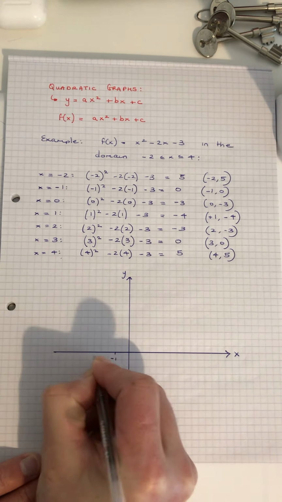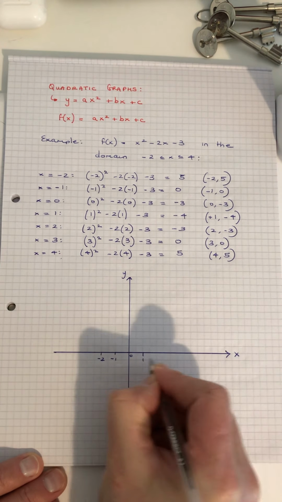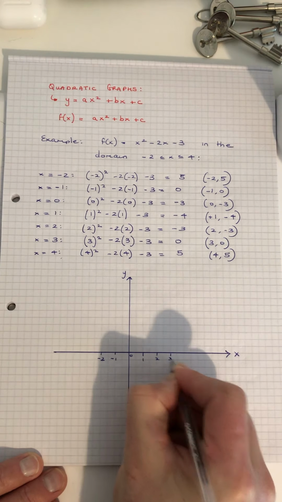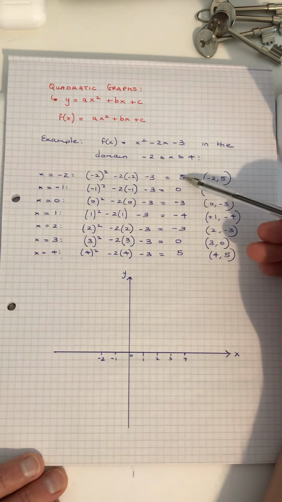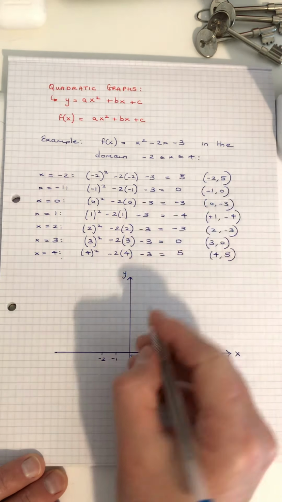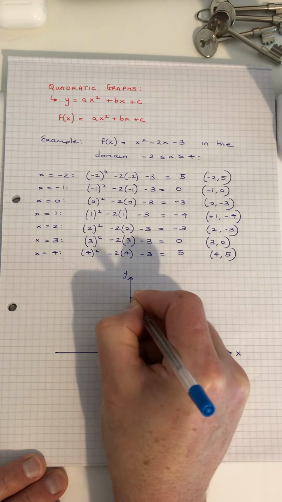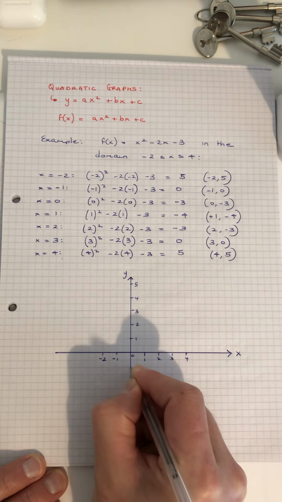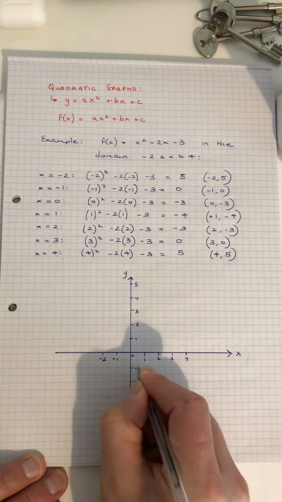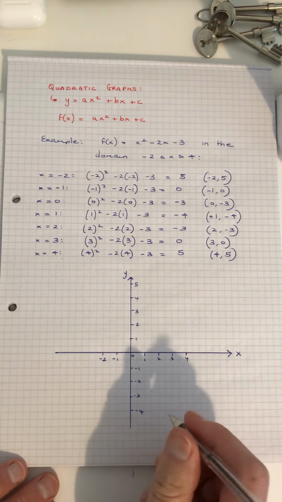So minus 1 and minus 2. 0 in the middle, 1, 2, 3, 4. And I need to get up as far as 5 and down to minus 4. So 1, 2, 3, 4, 5. Minus 1, minus 2, minus 3, and minus 4. Okay?